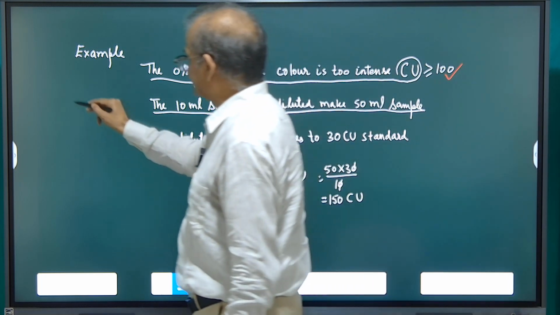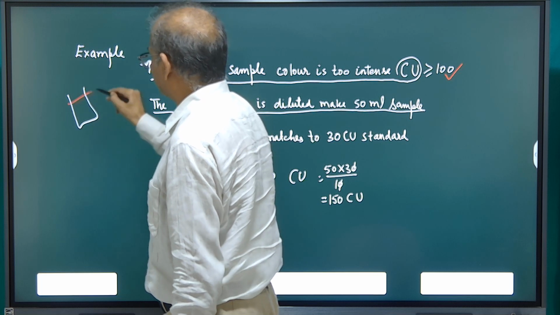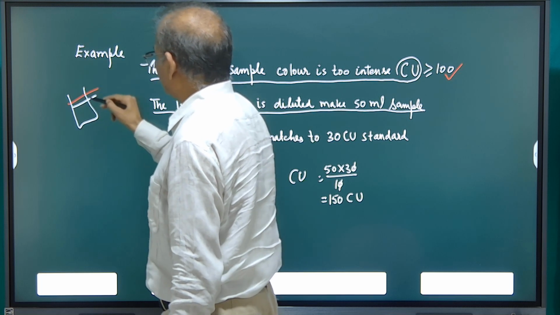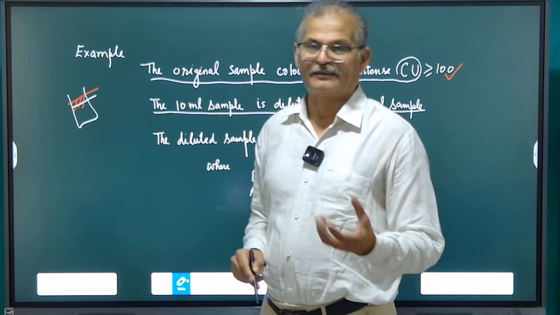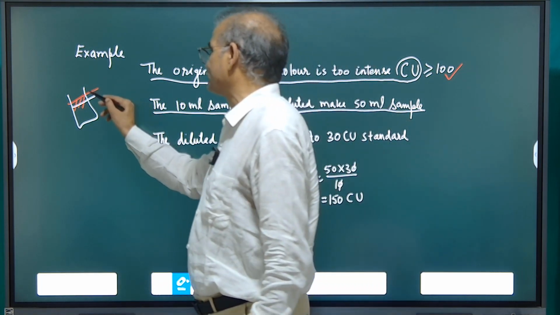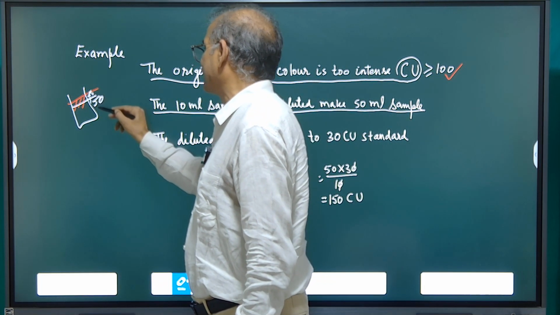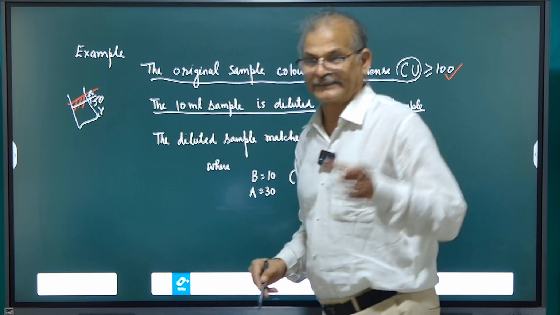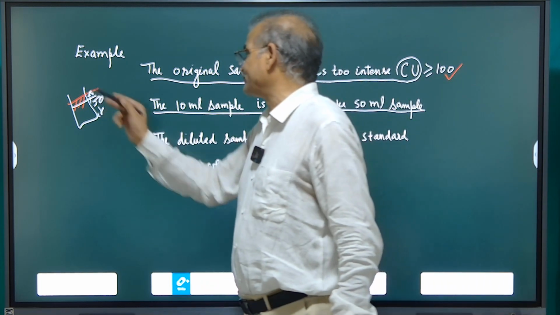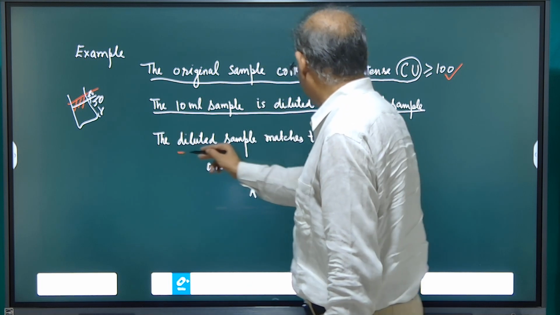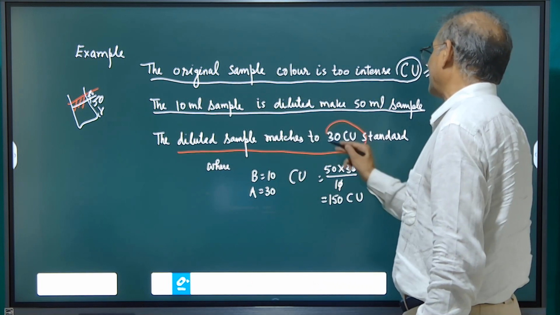So the sample from the field is diluted with distilled water to make it 50 ml again. Now we compare it again with the additional volume of clear water. We made it 50 ml and we find that its CU matches 30.